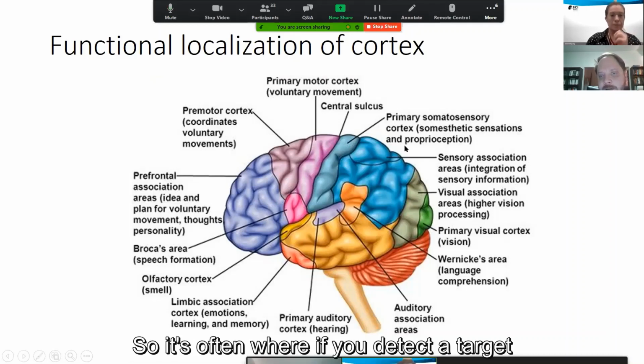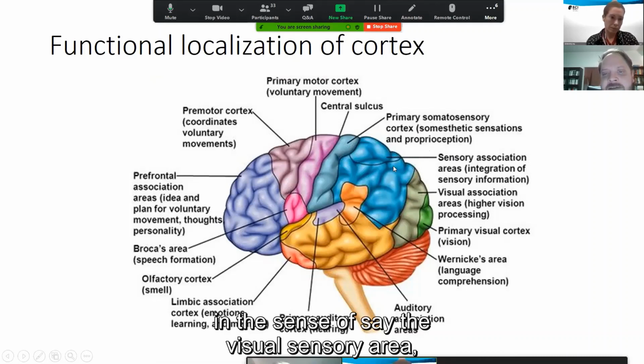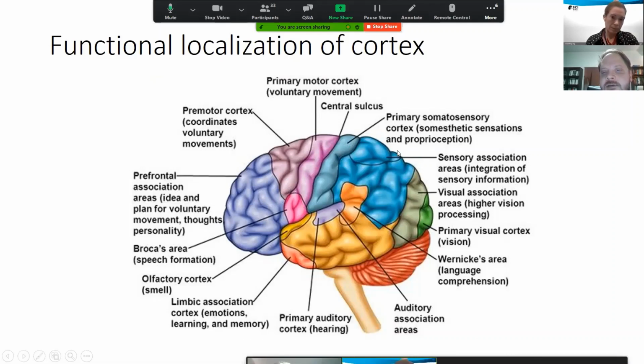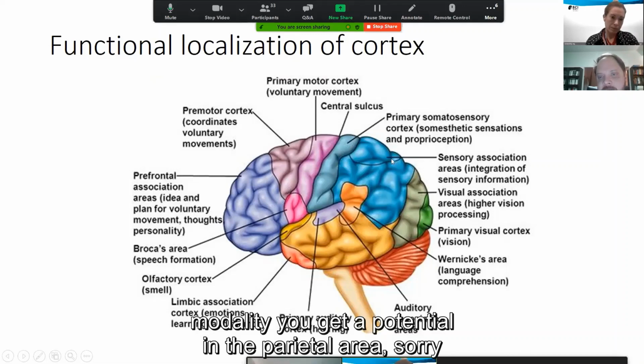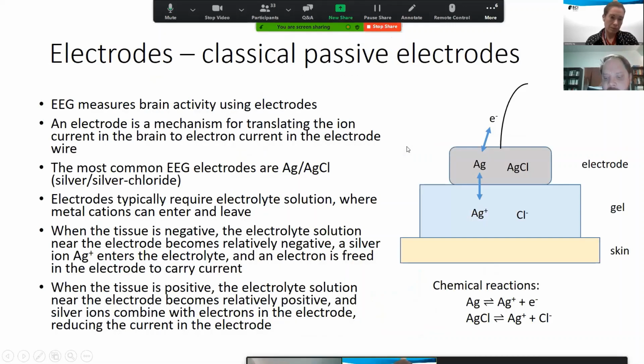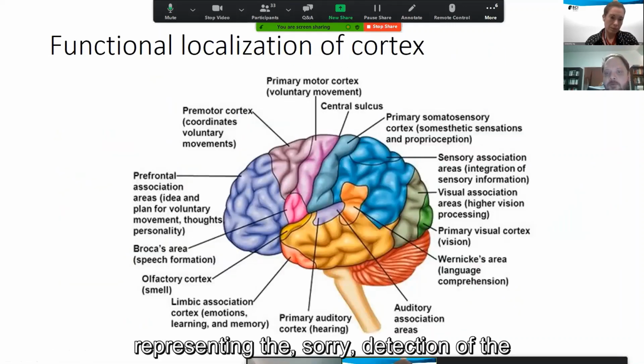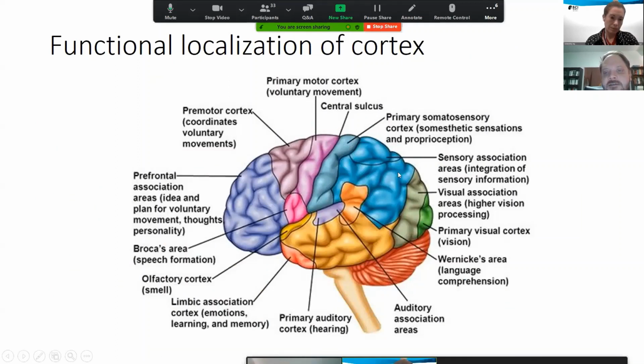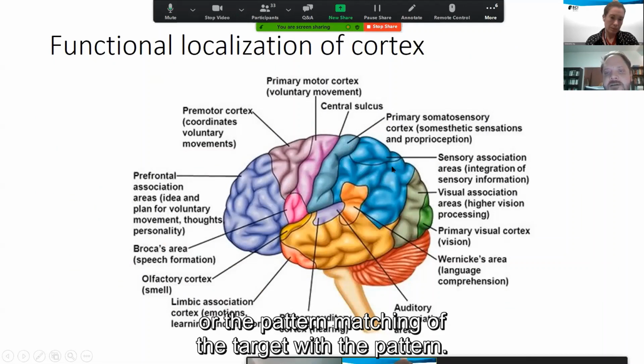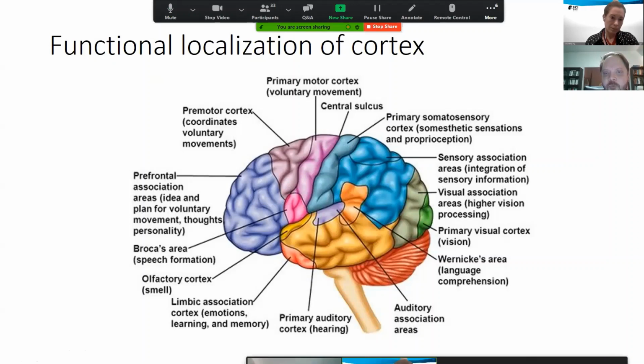So it's often where if you detect a target in, say, the visual sensory modality, you get a potential in the parietal area, representing the detection, or the pattern matching of the target with the pattern.